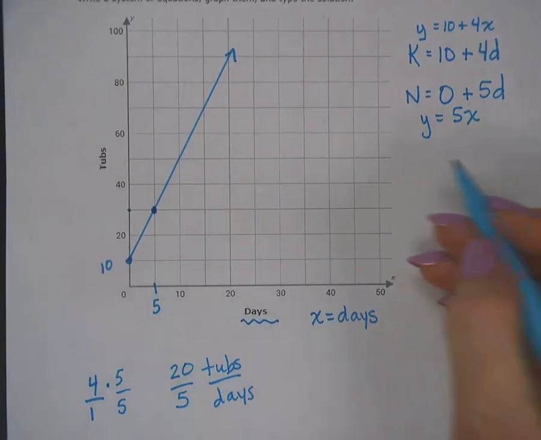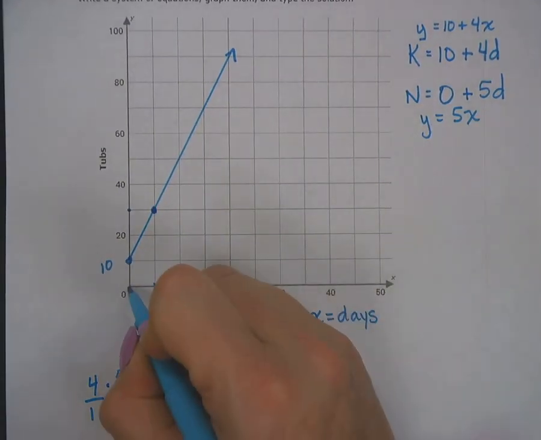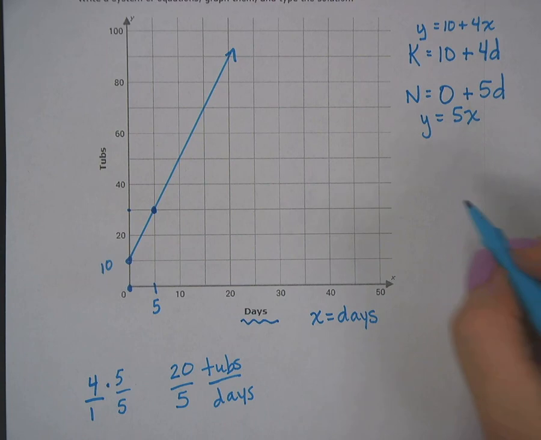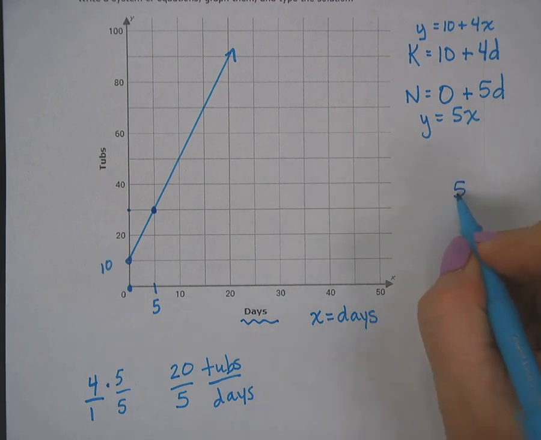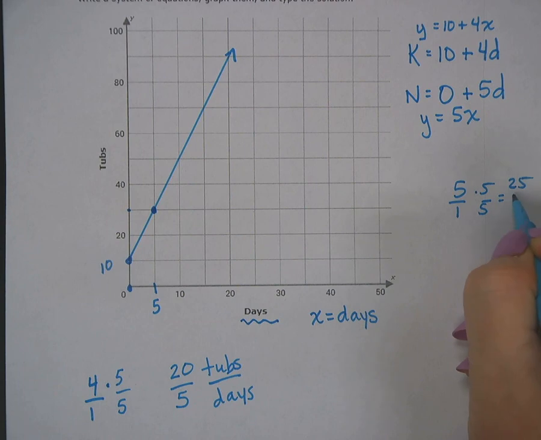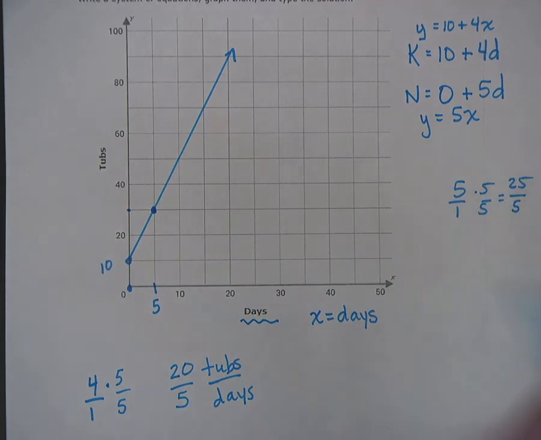Now I'm going to look at Nancy's. So Nancy starts at 0. The y-intercept is 0. But she's going up 5 tubs every day. So 5 tubs per day is the same as, if I multiply this by 5 over 5, that's 25 tubs in 5 days.